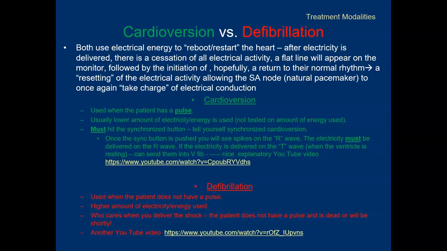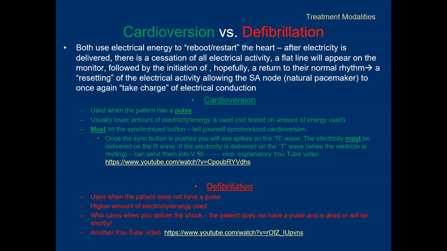That's the goal, and that's where cardioversion and defibrillation are used. Each one is a different process. Again, all electrical activity is there to completely stop the rhythm, to reboot it so that the SA node takes charge again.